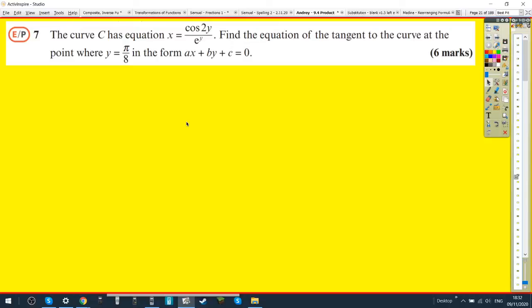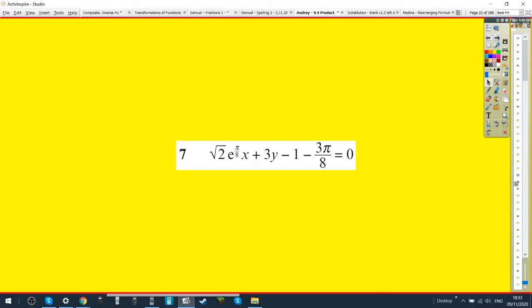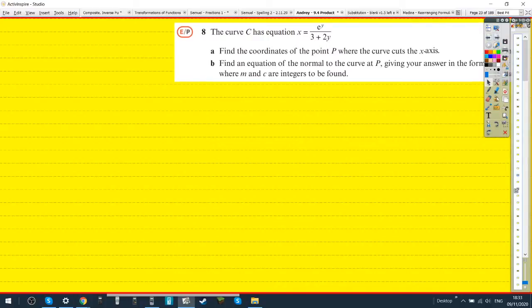Once you've done all that and you have dx over dy, how would you get dy dx? Oh, do I need to flip it? Yep, it's that simple. You'd find dx dy by doing u equals cos 2y, v equals e to the y. Just fully do it, and that would be dx dy, and then you'd flip it and get dy dx, and that would work out.